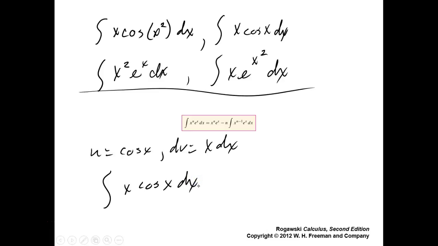It's supposed to be the other way around. U equal to x. Right. You reverse it. You let u equal x and dv equal cosine x dx. Why?